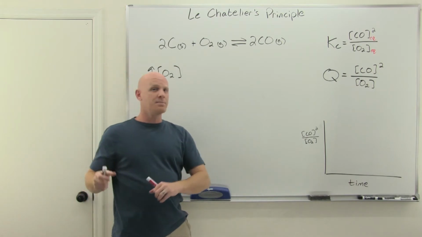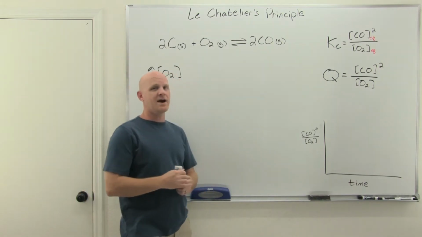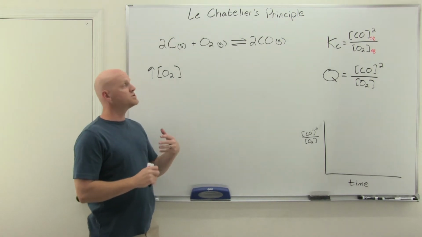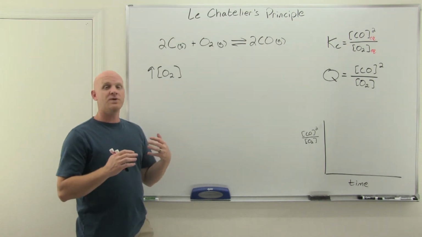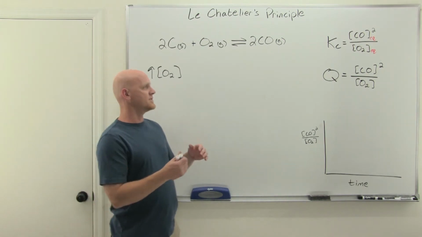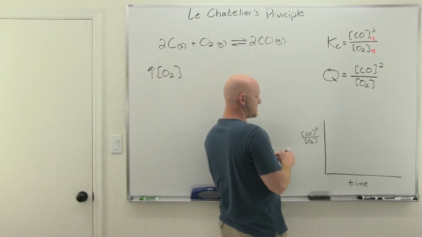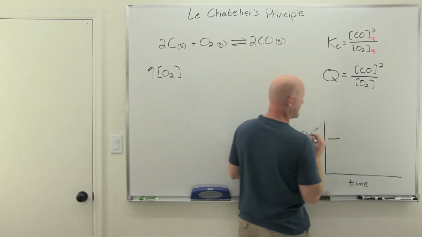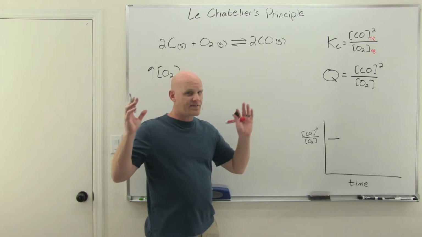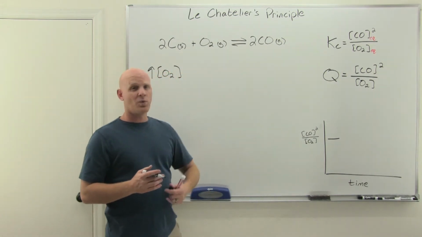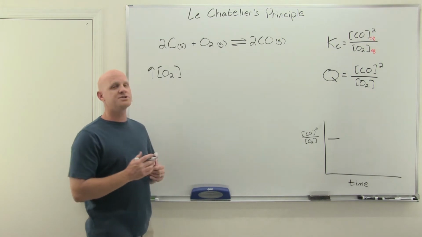Maybe we pump a bunch of O2 gas into the vessel. If we do that, the system's no longer going to be at equilibrium. Let's say this ratio of products to reactants has reached some constant value. Maybe it took a while to get there, but it's been constant for a little while now, and then we add a bunch of O2.